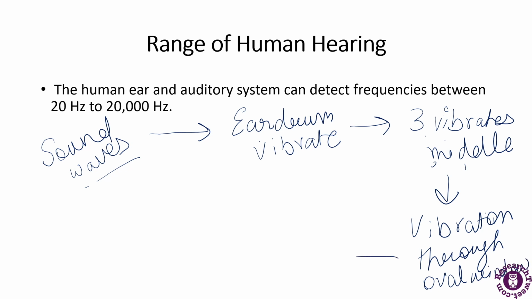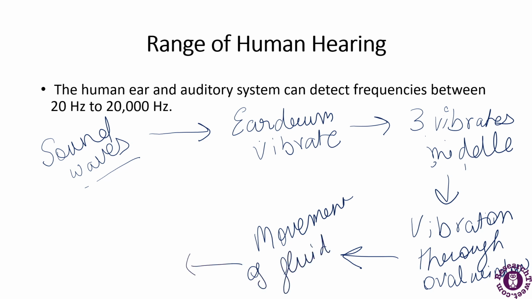And then comes the movement of fluid by the pressure waves. Then some of the hair cells of the organ of Corti, which we have already discussed, are stimulated by vibration in the basilar membrane.